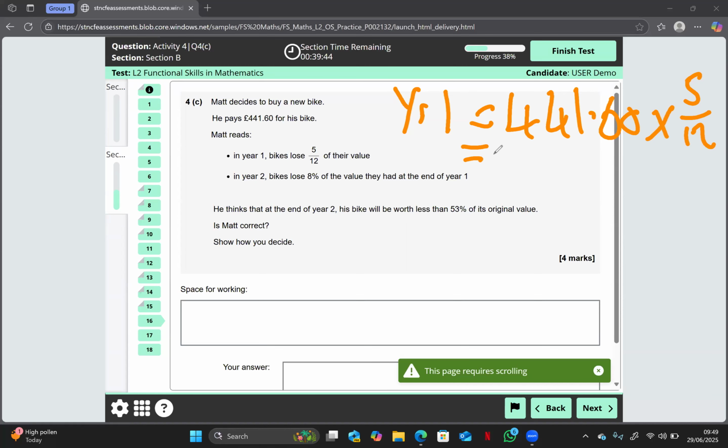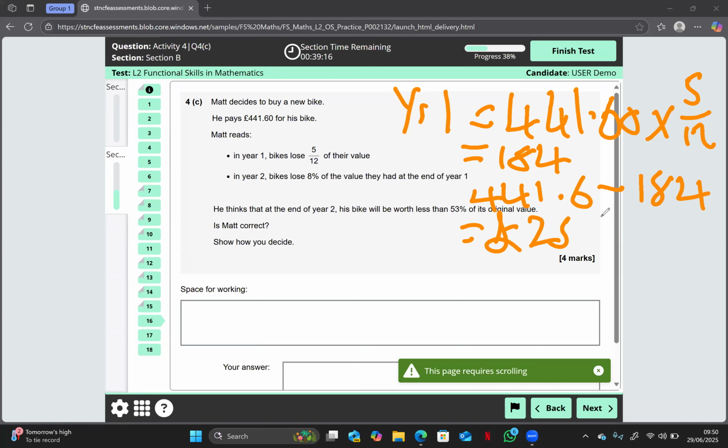It is 184. So then we do 441.60 take away 184. The price at the end of year one is 257.60.